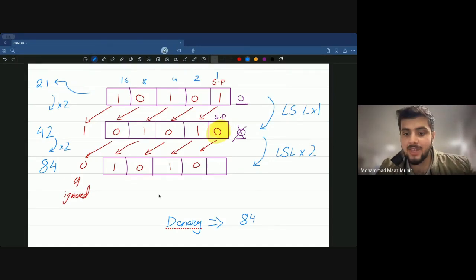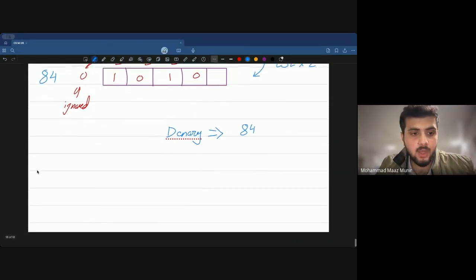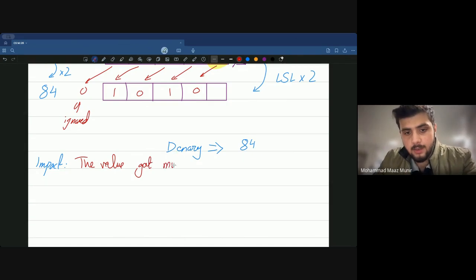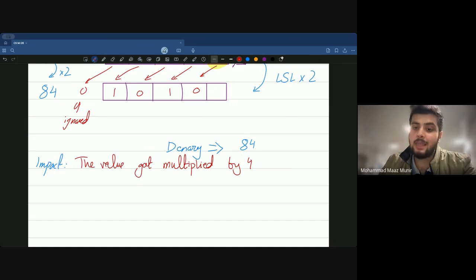So in this scenario, if they ask you what's the impact, I can say the value got multiplied by 4. How 4? Once multiplied by 2 and then again multiplied by 2. So the final answer this way is going to be 84.